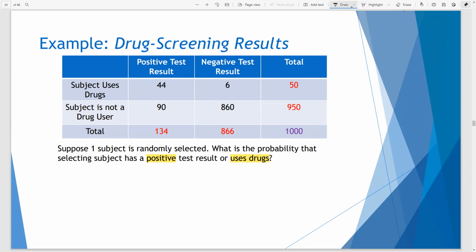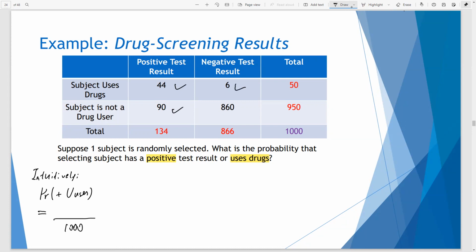Intuitively, what is the likelihood of a positive result or uses drugs? Out of 1,000 subjects, 44 have a positive result and use drugs, 90 have a positive result but do not use drugs, and 6 use drugs.